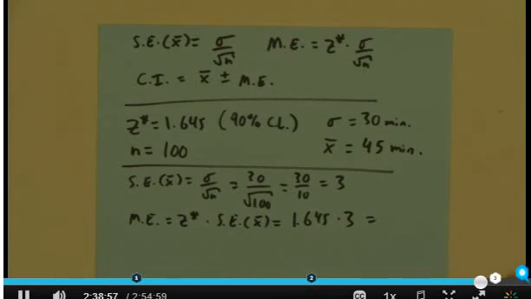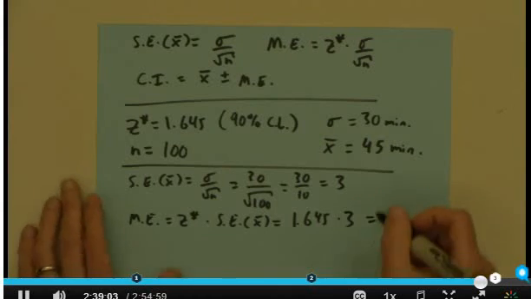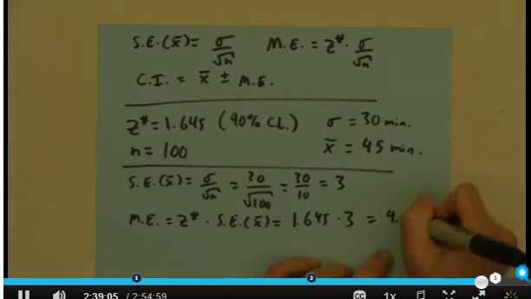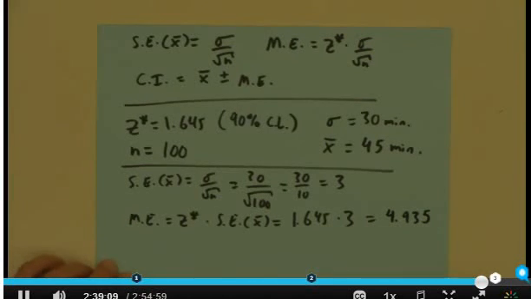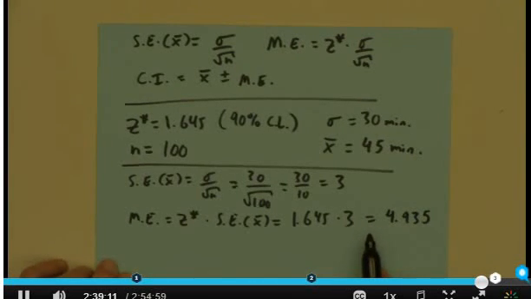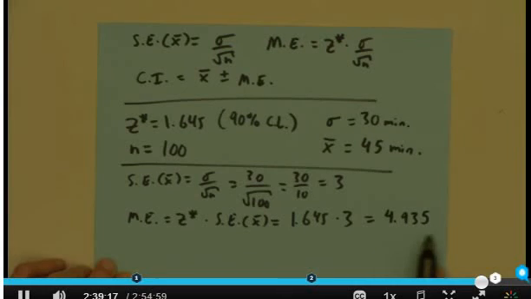What is 1.645 times 3? 4.935. Again, in this case, I have equality. I'm not rounding because there are no more decimal places to worry about. But in practice, there will be more, so keep those in your calculator and use them in the next step.